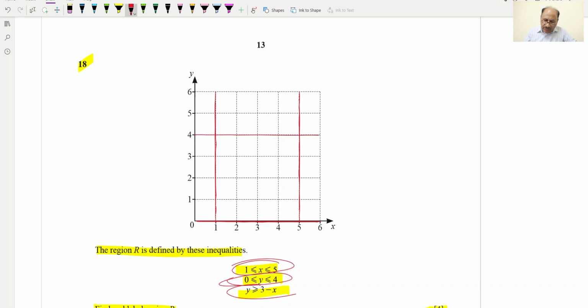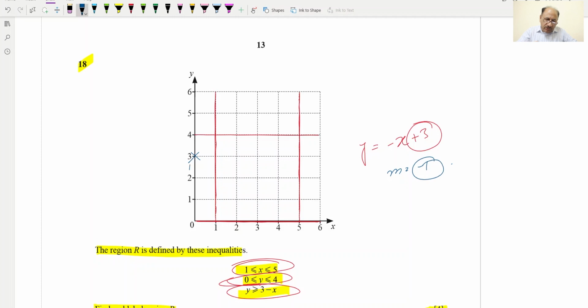Third one is y is greater than or equal to, if we rewrite this as minus x plus 3, so the y-intercept is 3. It means it is passing through this point, and minus 1 is the gradient, so the m value is minus 1.